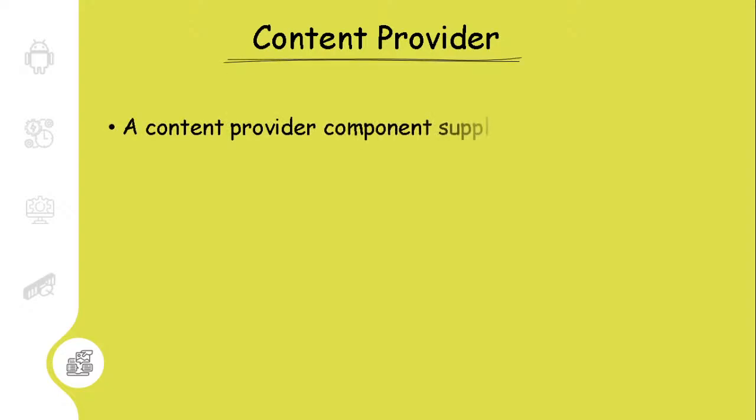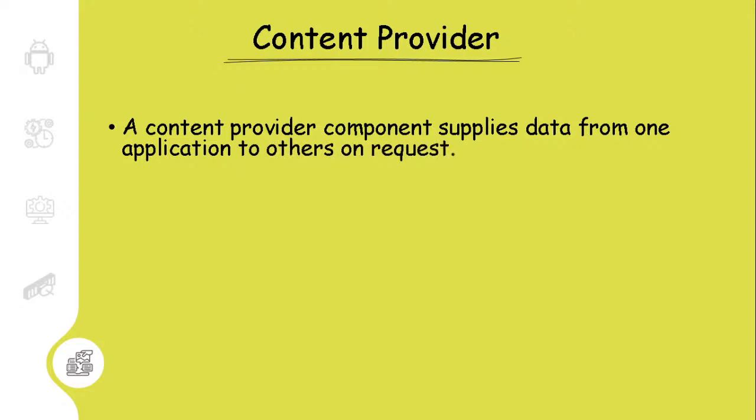A content provider component supplies data from one application to another, but only on request. When one application requests data from another application, like whenever you are using Instagram and you have already logged into Facebook, like you are using the Facebook application in your mobile phone, you have already logged in with your email ID and password, and you are installing another application, Instagram.